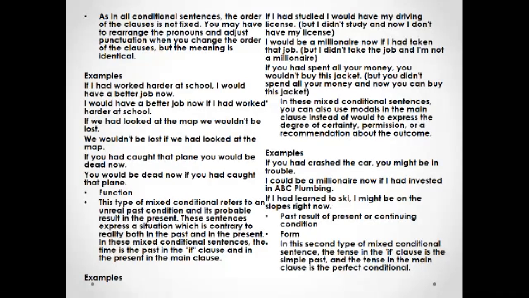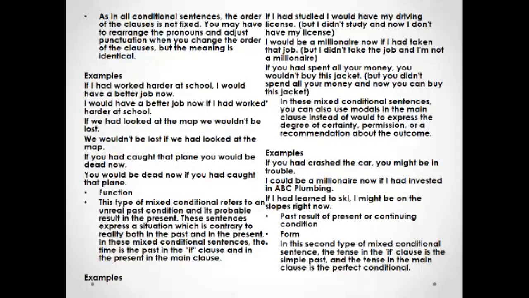Және де функциясы бар. This type of mixed conditional refers to an unreal past condition and its probable result in the present. This sentence expresses a situation which is contrary to reality both in the past and in the present. In this mixed conditional sentence, the time is the past in the if clause and the present in the main clause.